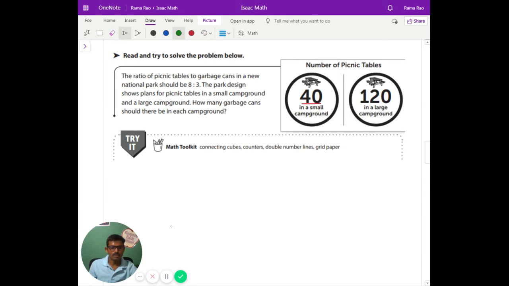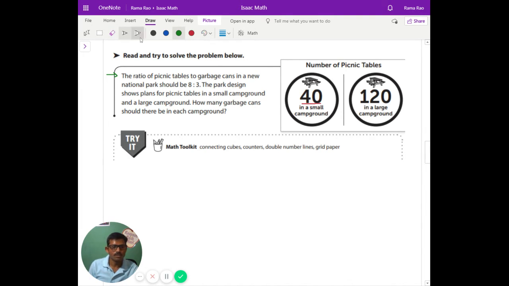Okay. This time I'm going to ask one of you guys to please unmute yourself and read this question for me. I want you to try to draw some double number lines or whatever strategy you want to try on this one. See if the ratio can help you find how many garbage cans I need if I have 40 tables.